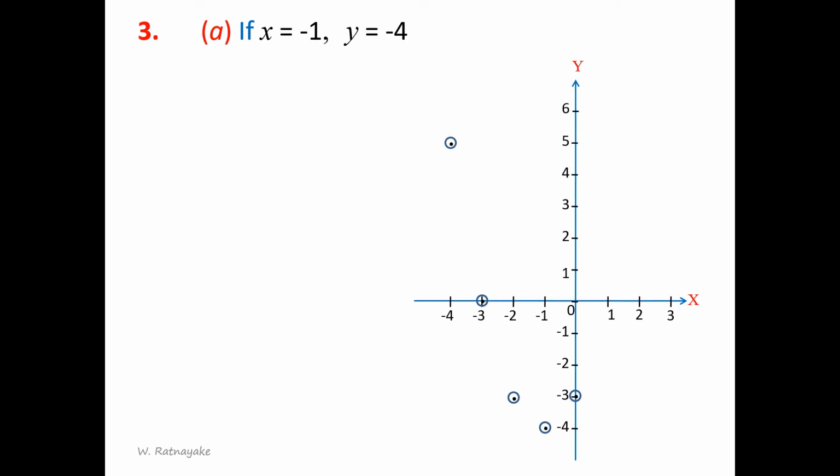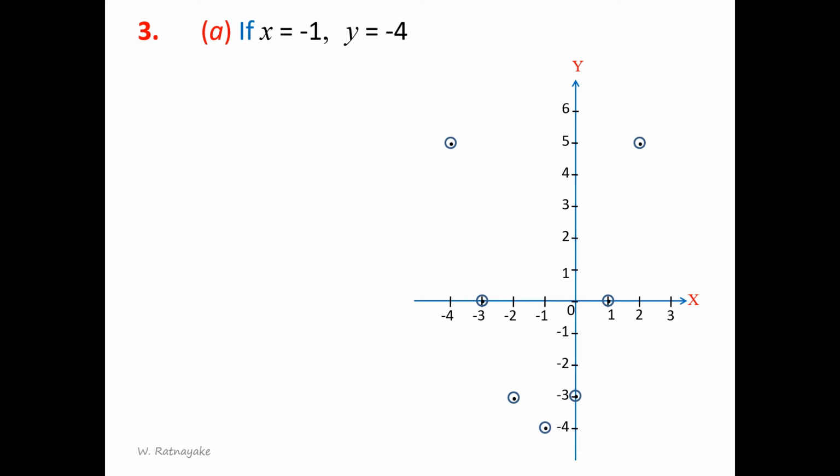So values of x change like minus 4, minus 3, minus 2, minus 1, 0, 1 and 2. Y will be like this: 5 here, 0 here, minus 3 here, minus 4 here, and again here minus 3, here 0, and here 5.